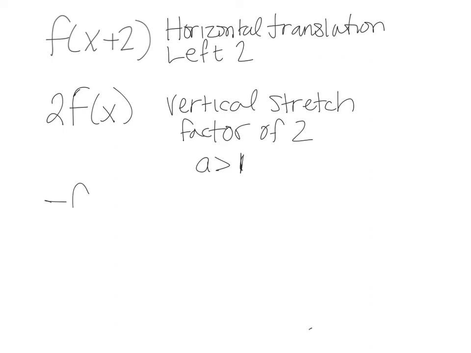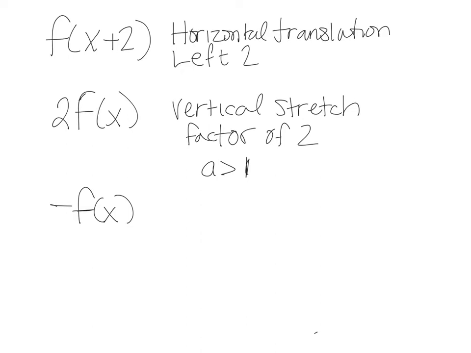If I have a negative in front of the f of x, we said a negative outside the function, vertical reflection. The vertical reflects over the x-axis. The graph is up here.